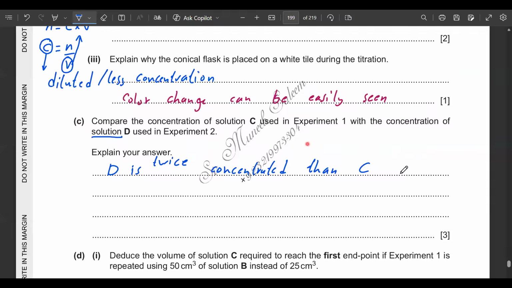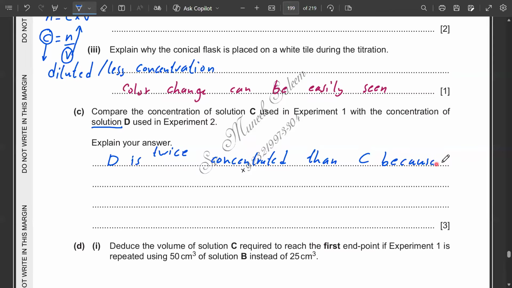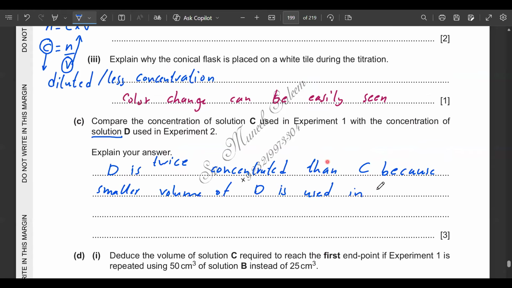Because a smaller volume of D is used in experiment 2.